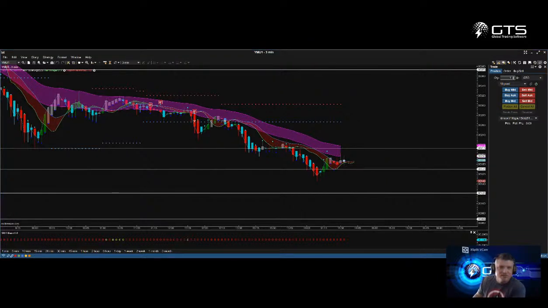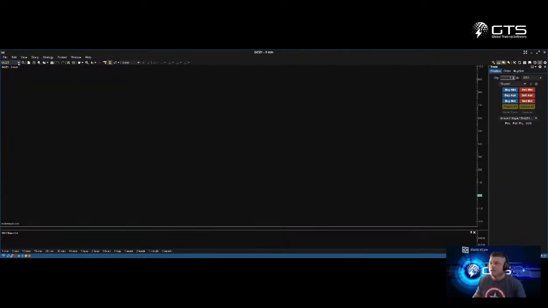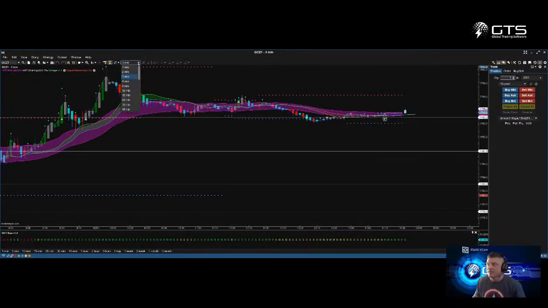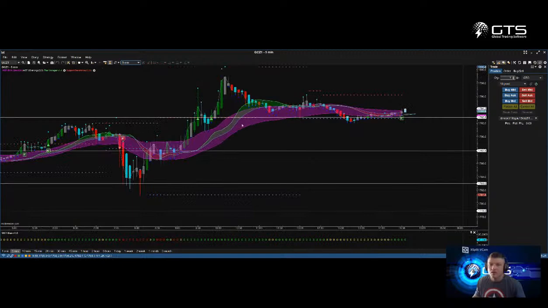All right, so I guess there is some movement on gold because we got a 5-star buy gold on the 5-minute. Switch over to the 5-minute. Because we got one on the 3-minute and one on the 5-minute now.